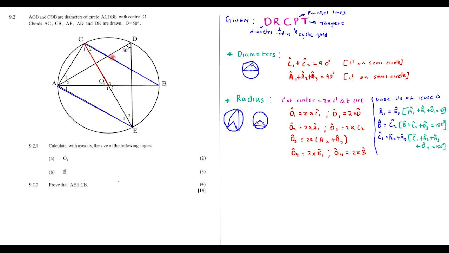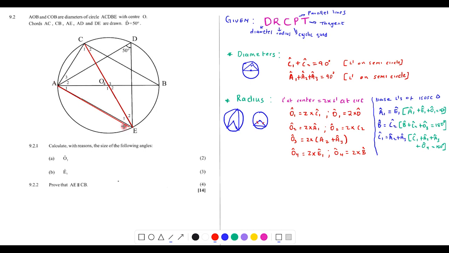Now the next step is C. C means cyclic quad, right? In a cyclic quad, you can have any structure that is four-sided, right? So in this case, I see that I have this 1, 2, right? It's a quad, right?